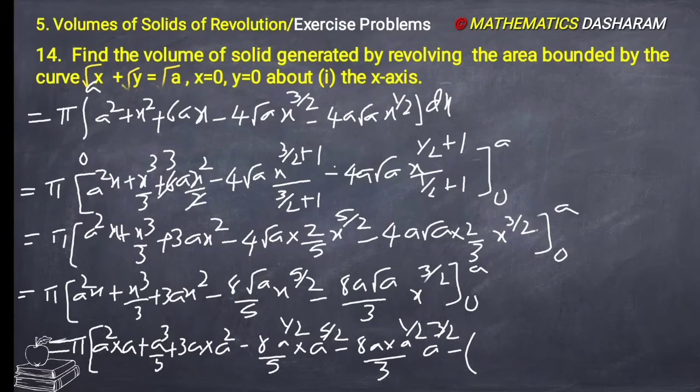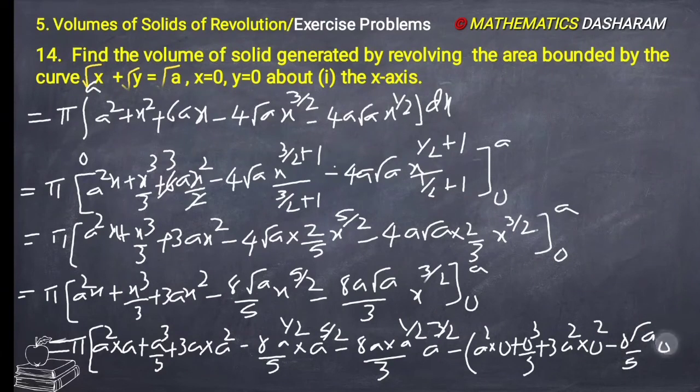Next, substitute the lower limit: a²·0 + 0³/3 + 3a²·0² − (8√a/5)·0^(5/2), next minus 8a·√a/3.